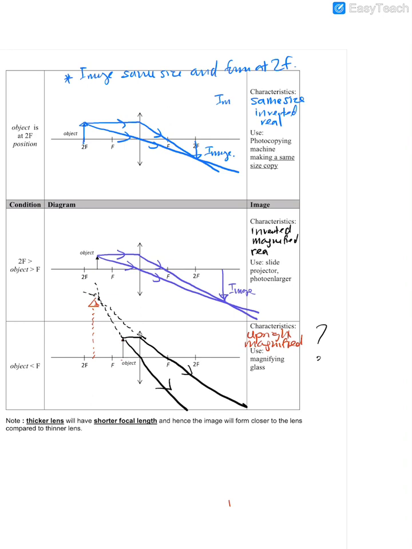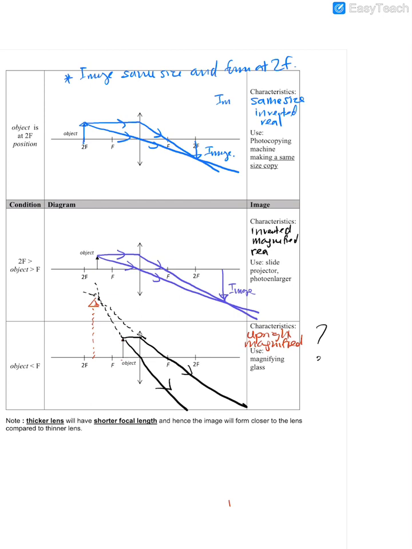So JB, at 2f, what's so special? The image will be at 2f. You forget so fast. Same size. Object at 2f, when it's at 2f, it's the same size.